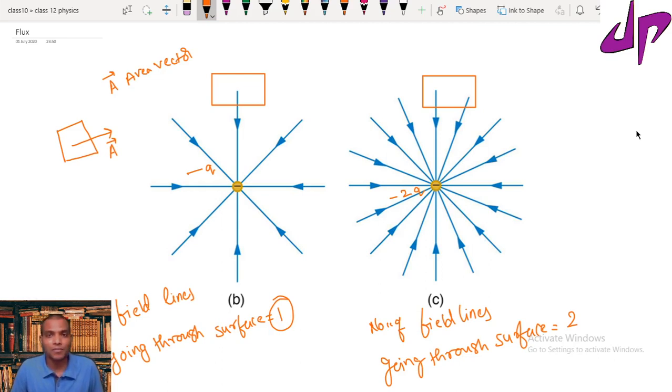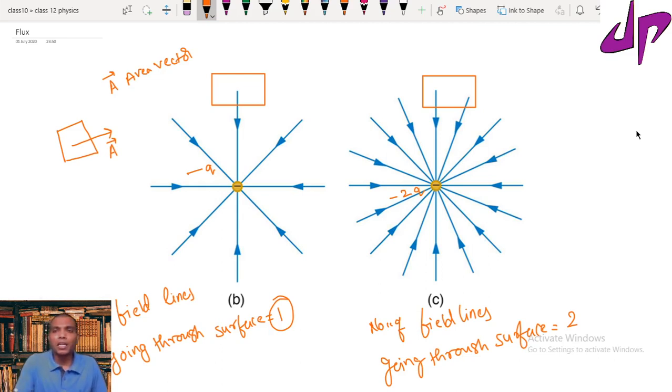That is the flux definition. Repeating again, the number of electric field lines passing through a given surface area is defined as electric flux.